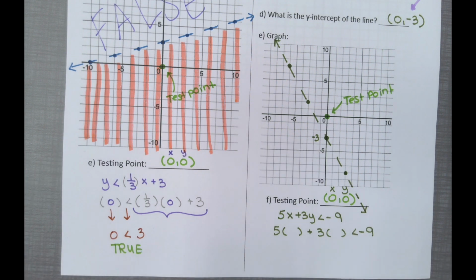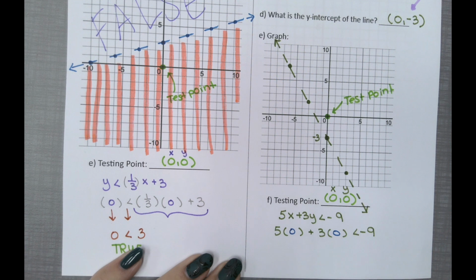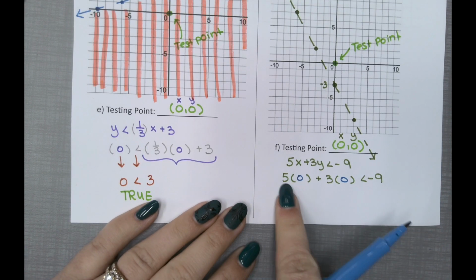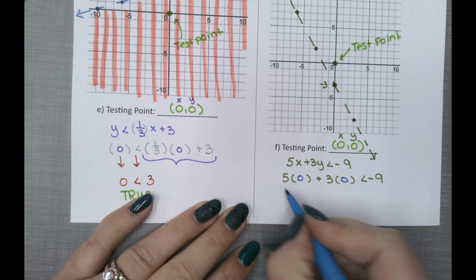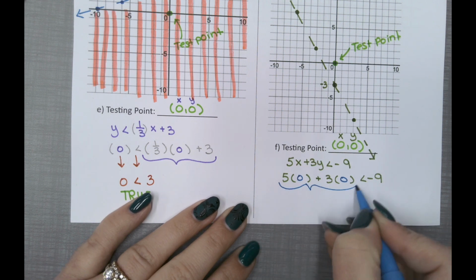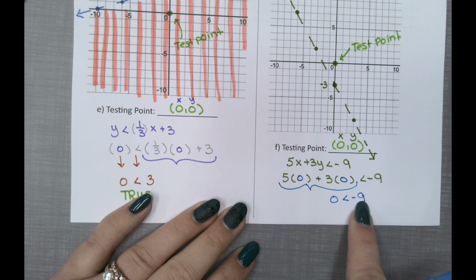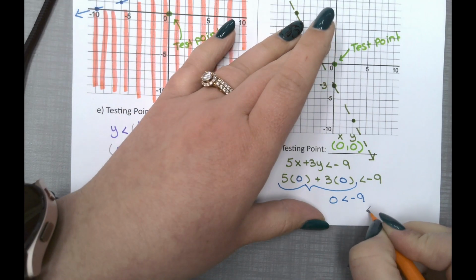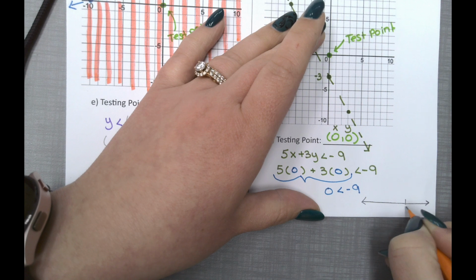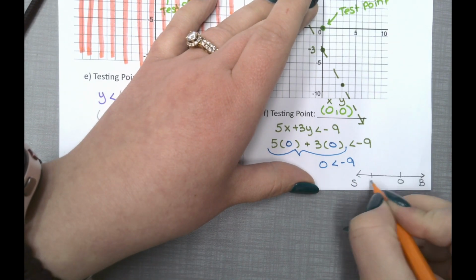And here's an example of why I choose 0, 0 as my testing point. Because if I have a 0 for x and 0 for y, 5 times 0 is 0. 3 times 0 is 0. So 0 plus 0 is 0. So is 0 smaller than -9? Here's that one time where we might need to do a number line. Here's 0, here's our bigger side, here's our smaller side, here's -9.